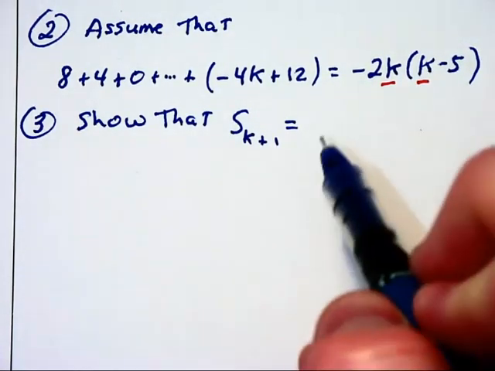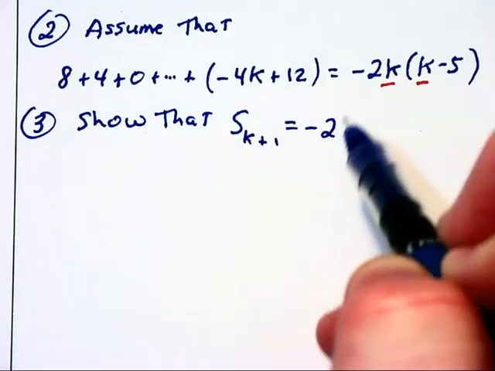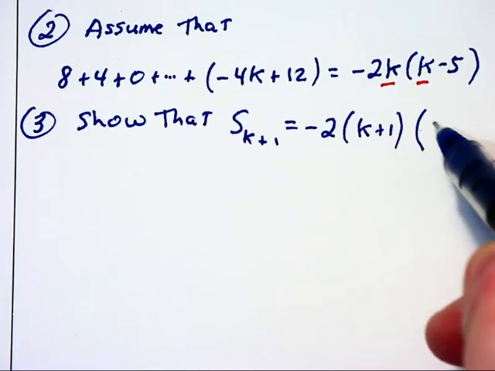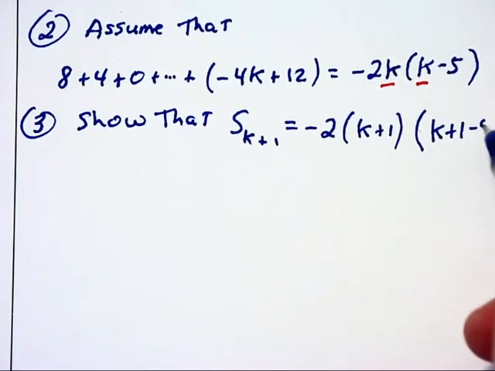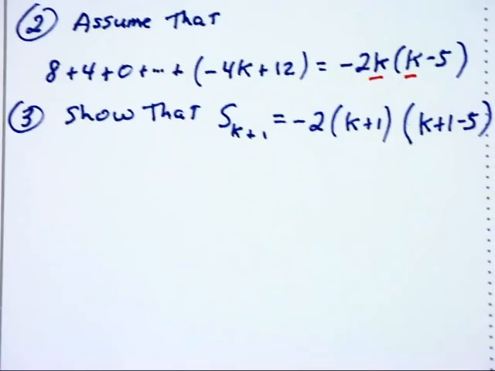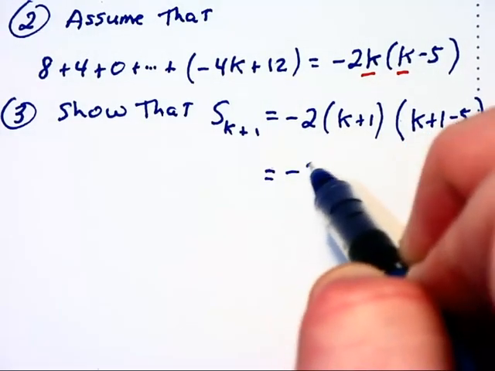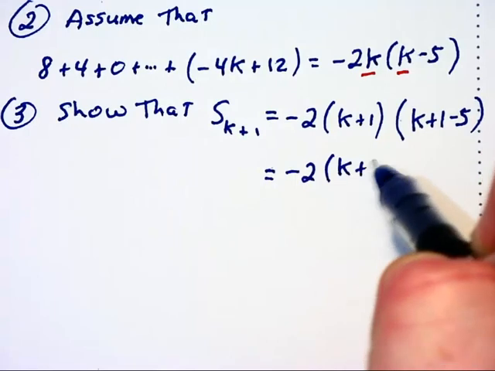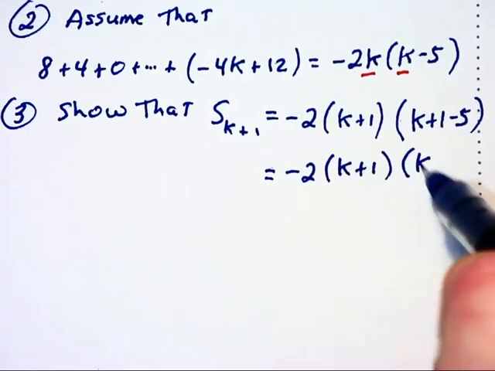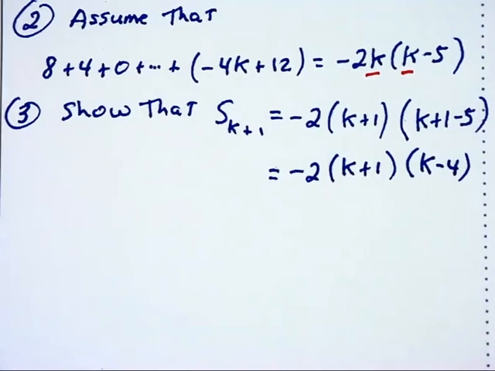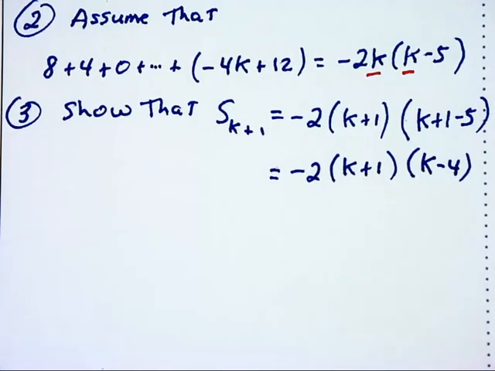So we want to show that this is going to equal -2 times k plus 1 times k plus 1 minus 5. Okay, simplifying this, we have -2 times k plus 1 times k minus 4.